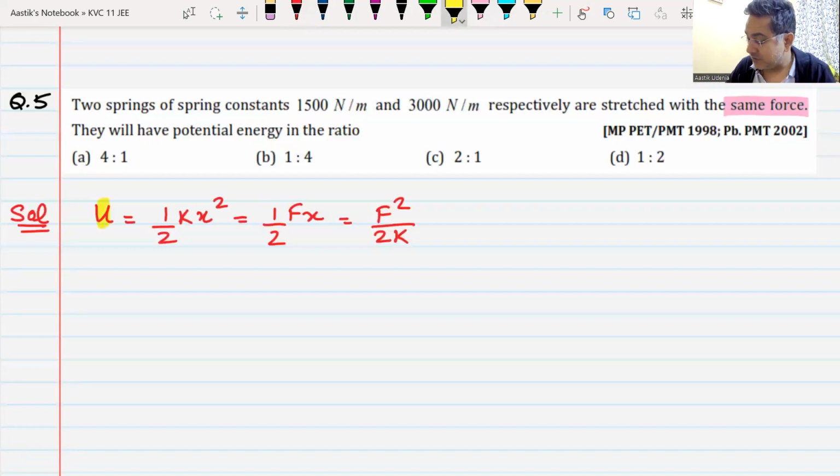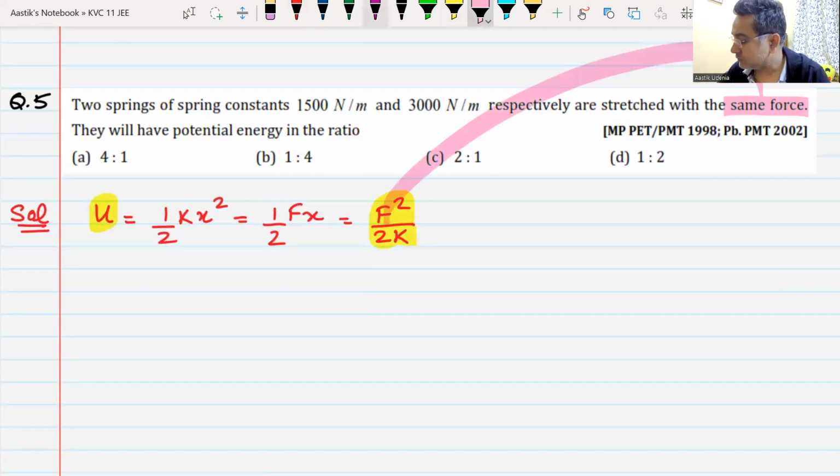Now comparing this one and this one. Remember, they are stretched by the same force. So I can say U1 by U2, energy in the first spring divided by energy in the second spring.